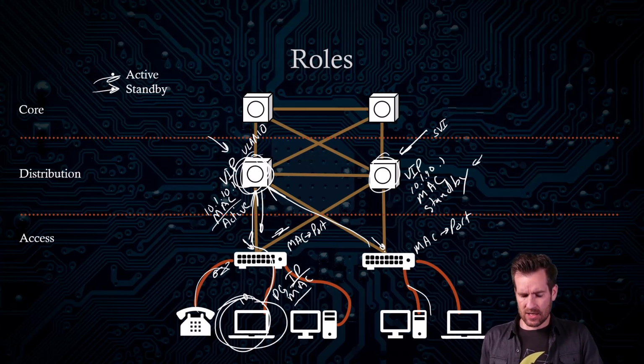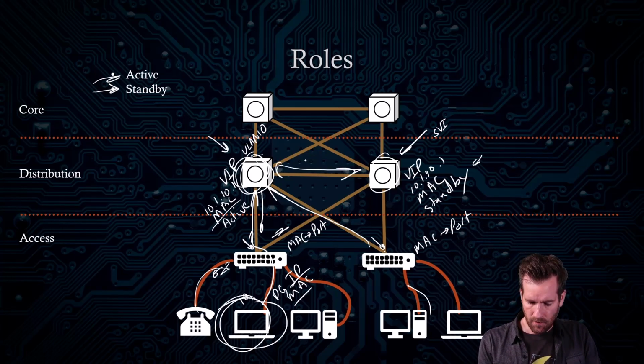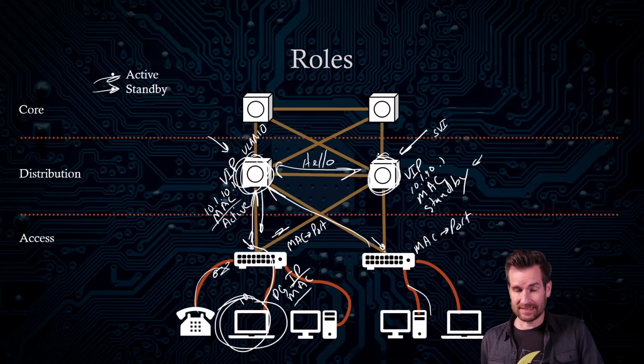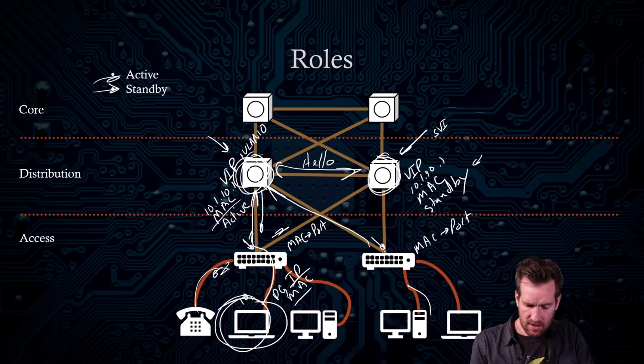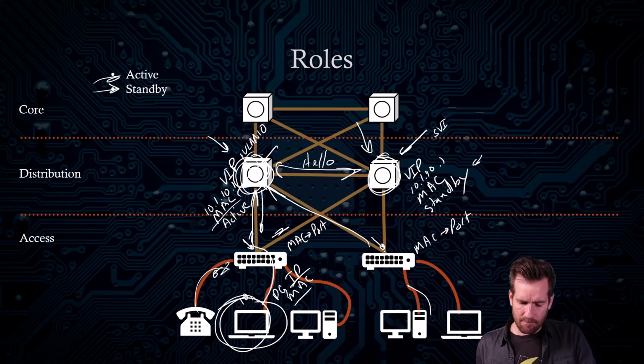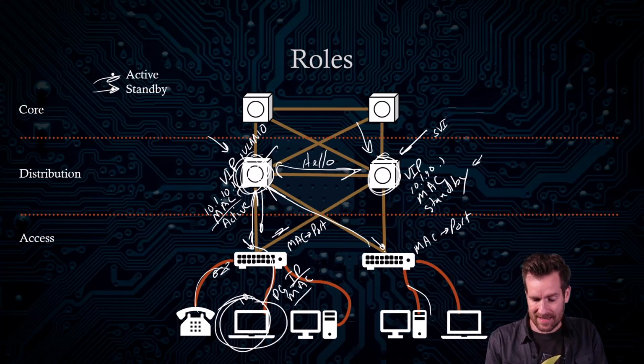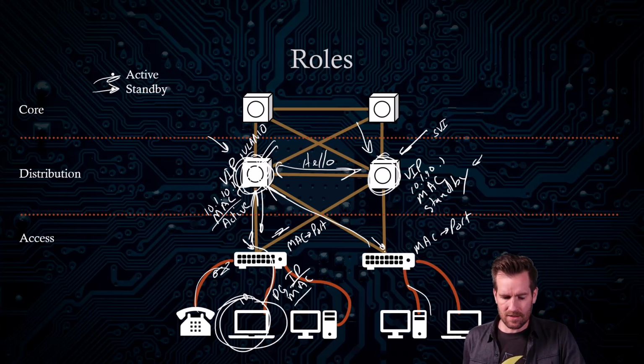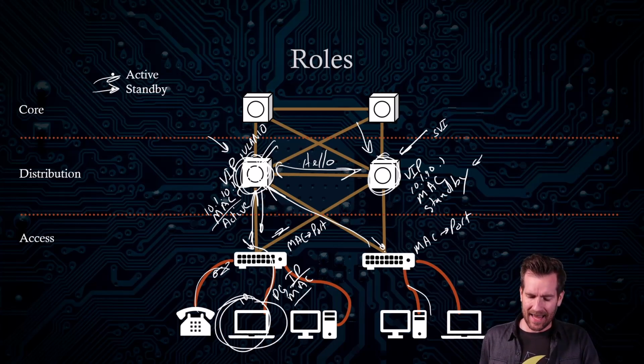Now, these two devices are communicating back and forth with hello packets. If the other device goes down, the second layer 3 device, this standby, doesn't see this device anymore. And so now it's going to start responding as if it's the default gateway.